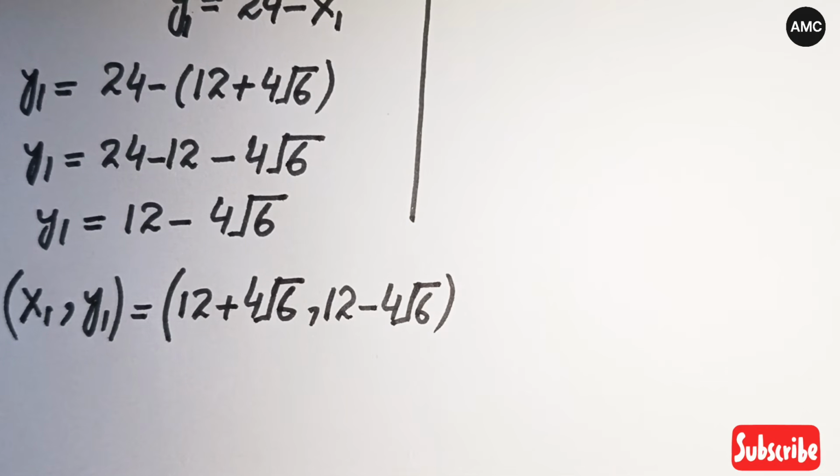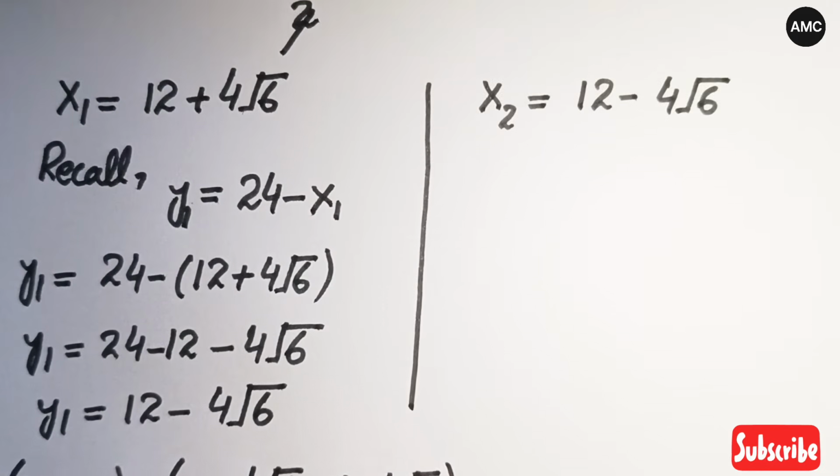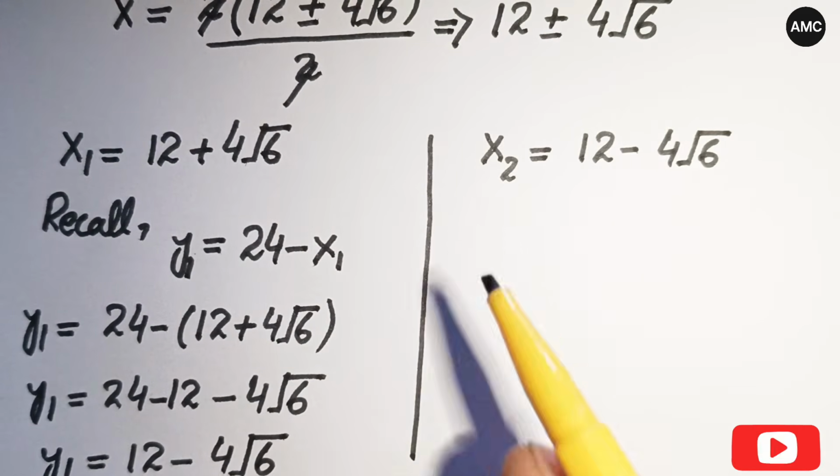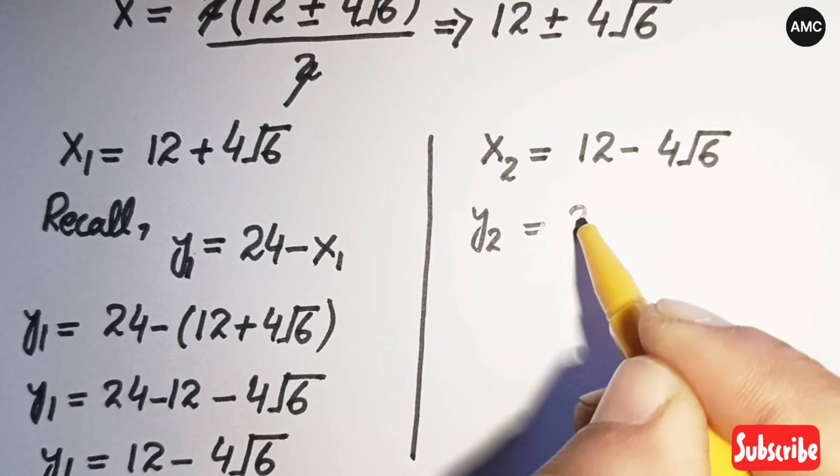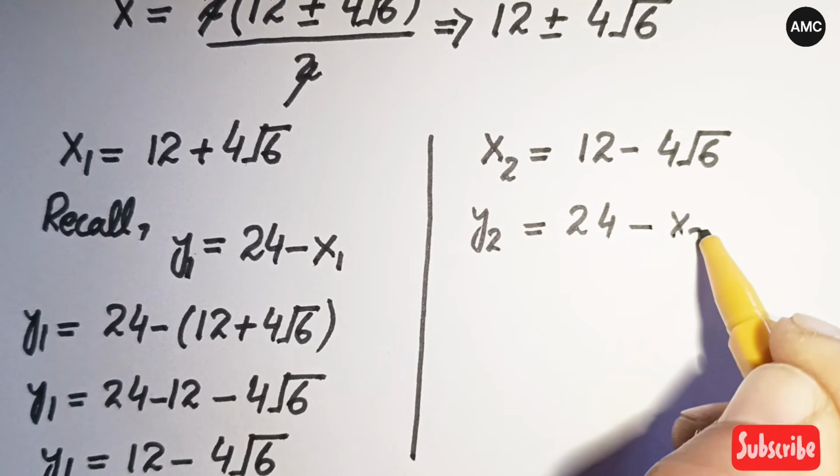So now using the same equation, that is equation 3, for the value of x2, y2 is equal to 24 minus x2.